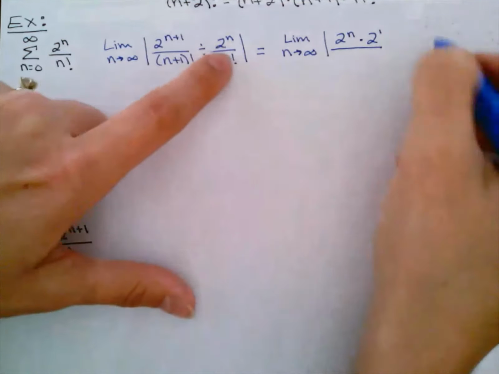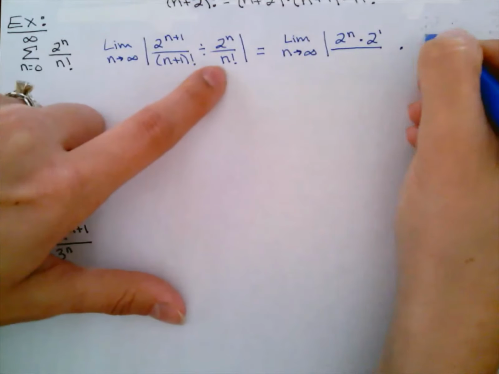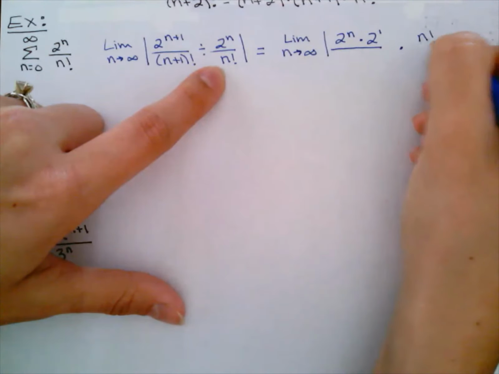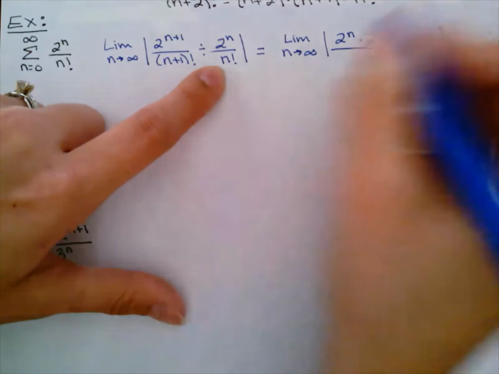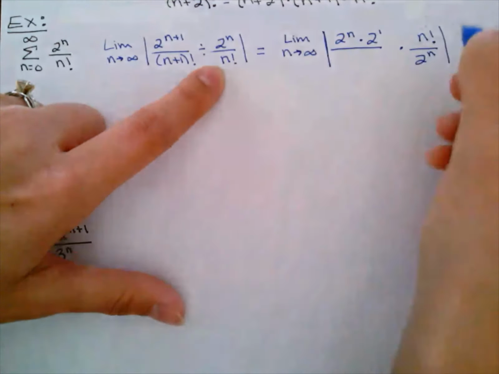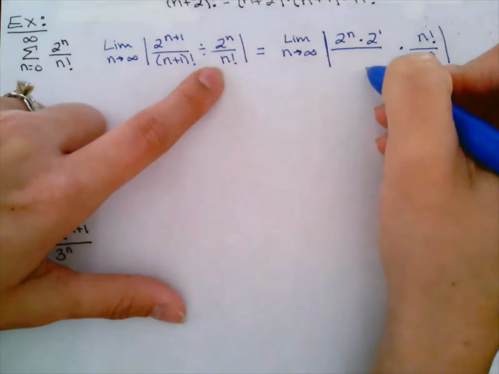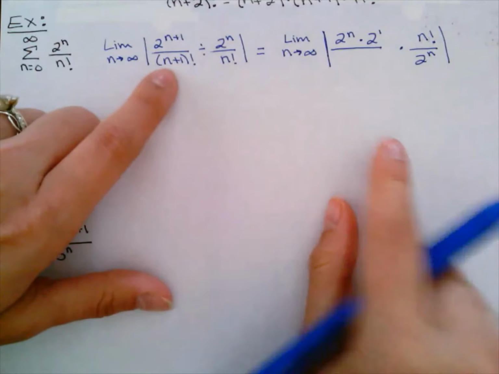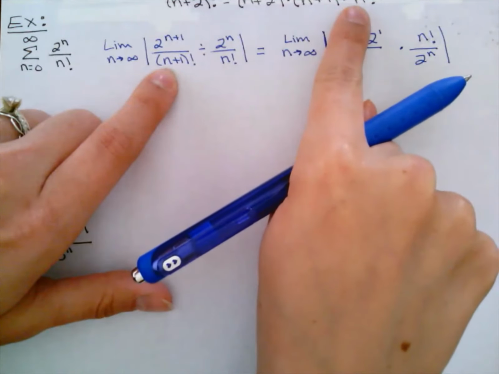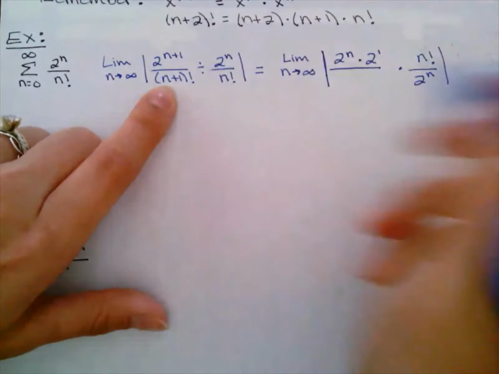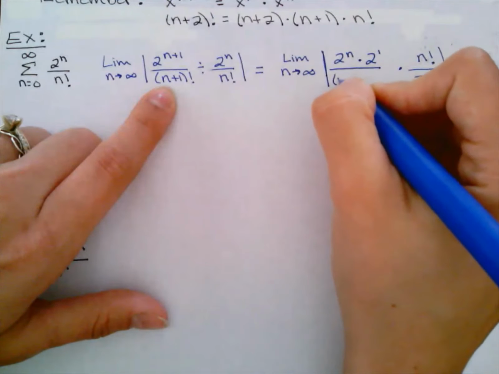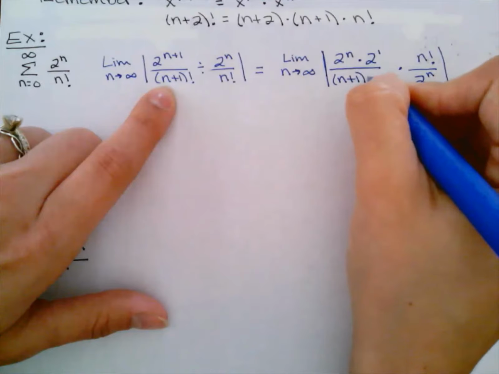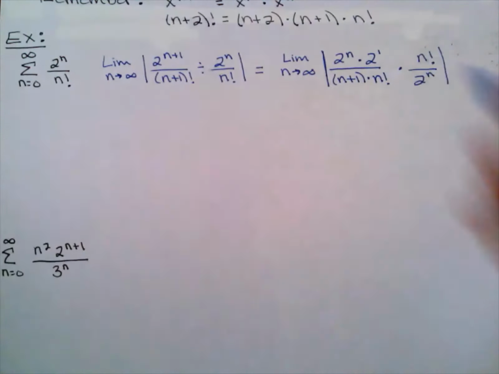Now, when I flip, this is going to be an n factorial over 2 raised to the n. My goal is going to be to try and cancel this n factorial with something down here. So I want to take this down from n plus 1 to n, right? See it here? So I'm going to say n plus 1 times n factorial.